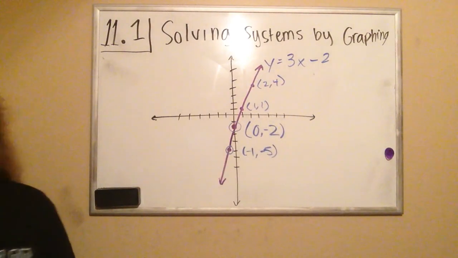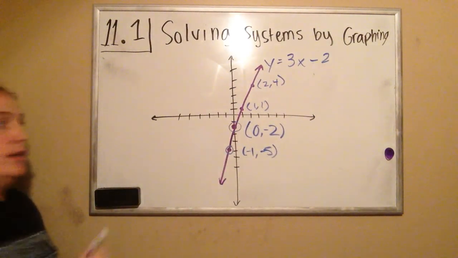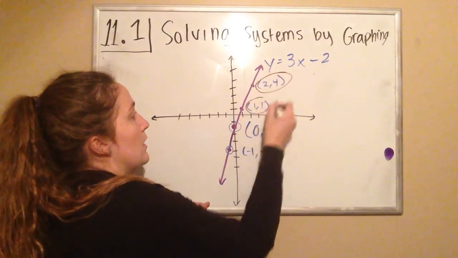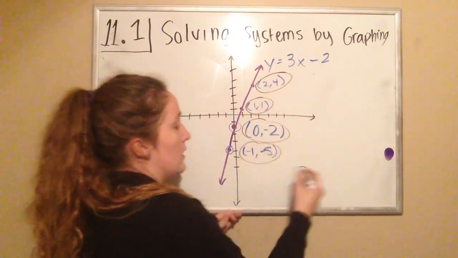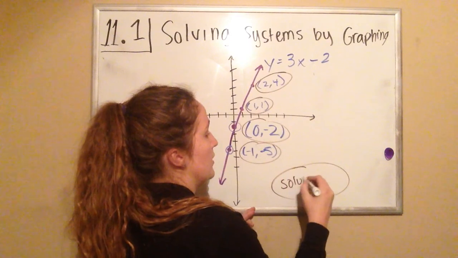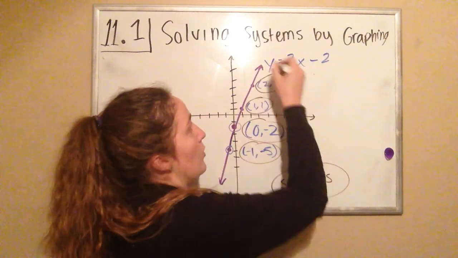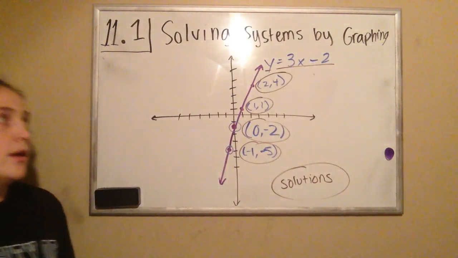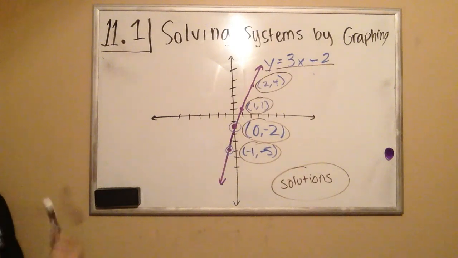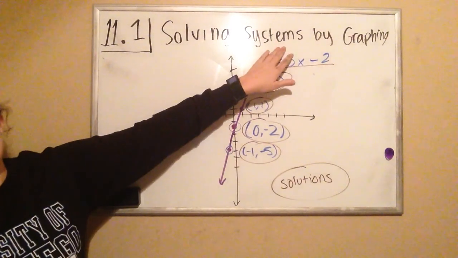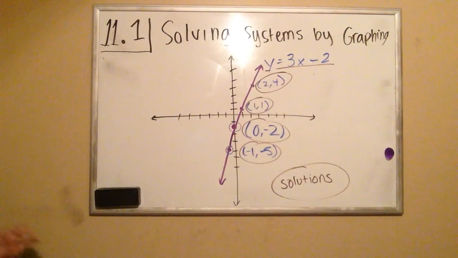All of those points are solutions to this equation. Okay? But in this situation, we only have one linear equation graphed. And in order to be a system, we have to have at least two.